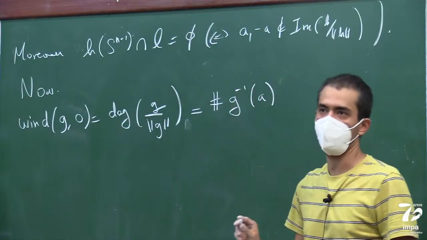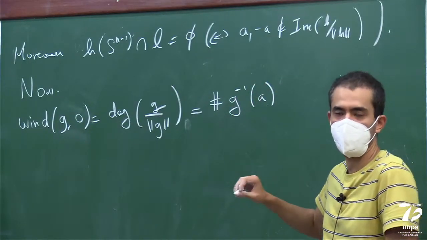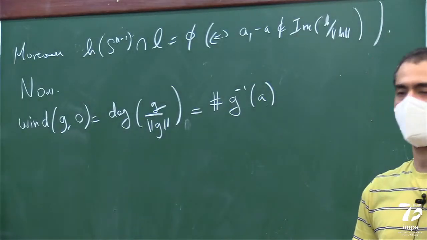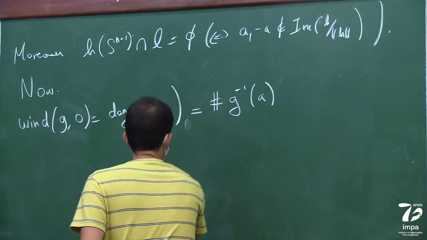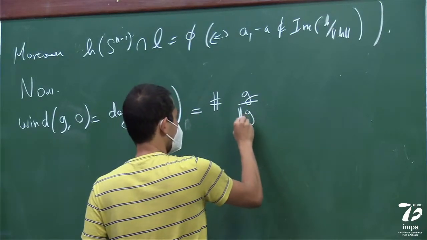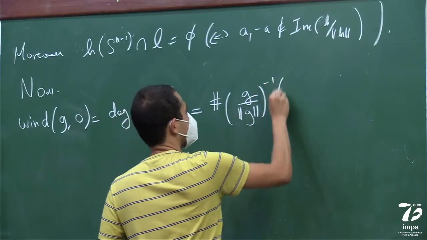And this is a signed count. Okay, so I'm putting the number here, but I really mean, as usual, the sum of the signs of all the points. Sorry, this is g over norm of g. So the number of points in the preimage by this guy of a.